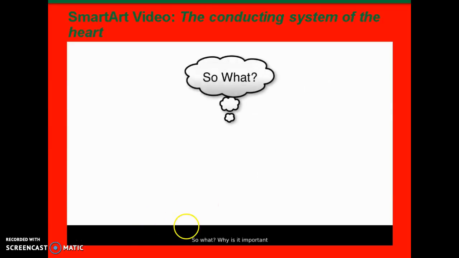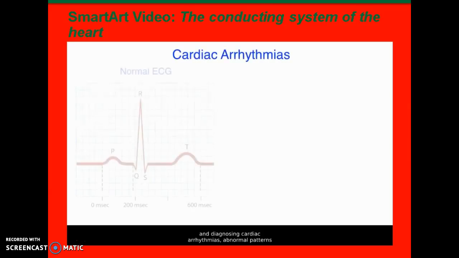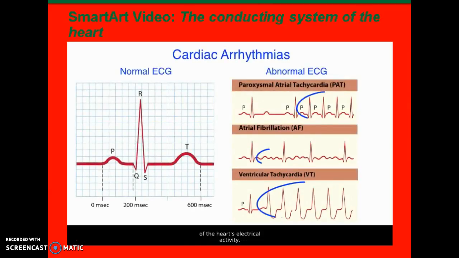So what? Why is it important to understand the heart's conducting system and the electrocardiogram? Well, this knowledge is crucial to detecting and diagnosing cardiac arrhythmias, abnormal patterns of the heart's electrical activity.